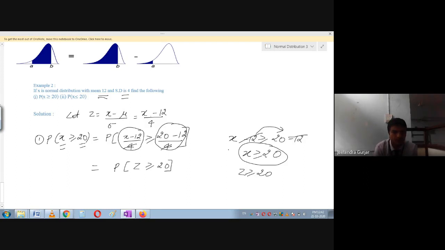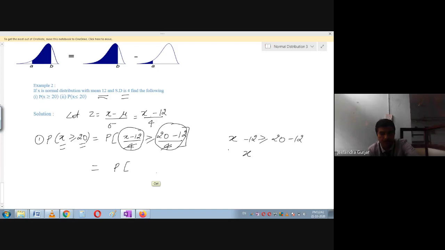So this is what you are actually going to calculate. Okay, so you have not converted this. Sorry. So one thing you missed out, that is our z value.